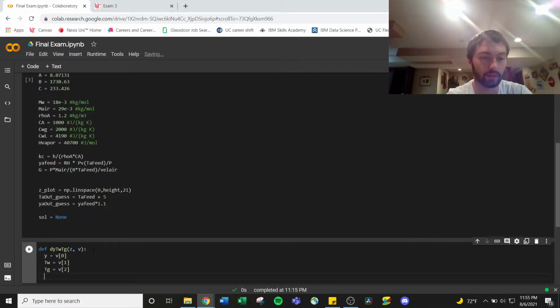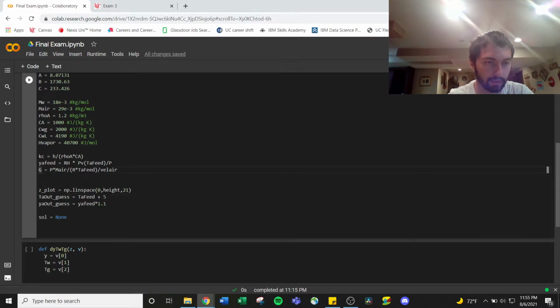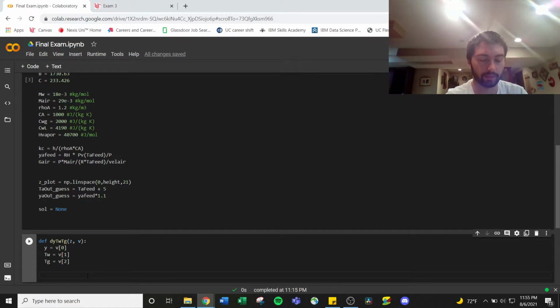Alright, so next, I should have named this something else up here. So this gas flow rate up here is actually just the air flow rate. So what we're going to want to do down here is solve for a flow rate of just the water. We'll just call that GW. And then we'll add the gas flow rate of the water to the gas flow rate of the air, and that's our actual total gas flow rate.